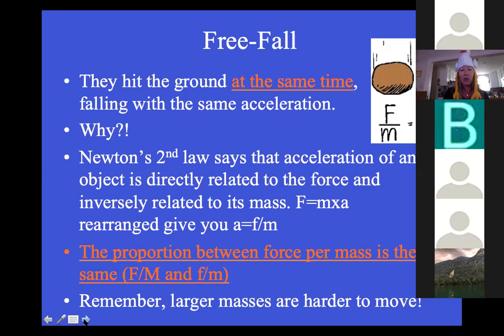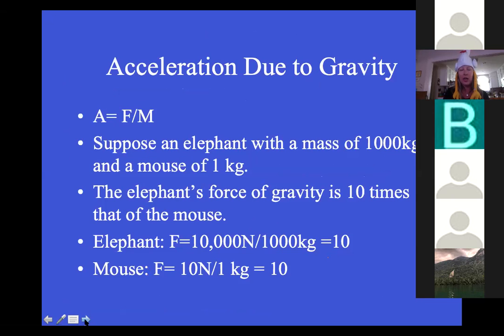Let me show you what that actually looks like. Let's say here that an elephant has a mass of 1,000 kilograms versus 1 kilogram for the mouse. So therefore, the elephant's mass is 1,000 times as great.